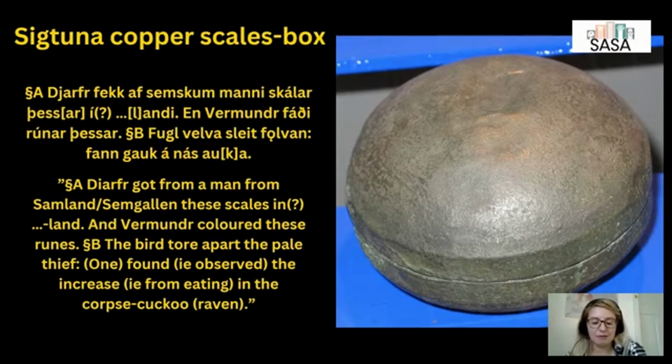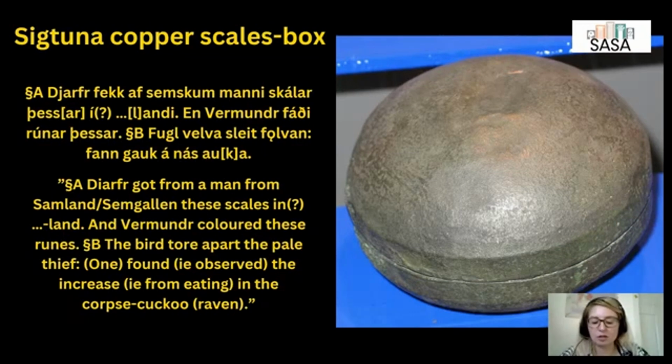It dates back to the 11th century, and it appears to contain a warning to potential thieves. So it says that Djarv got the scales in the land of whatever from a Somish man, so from someone from the north, and Vermund carved these stones.